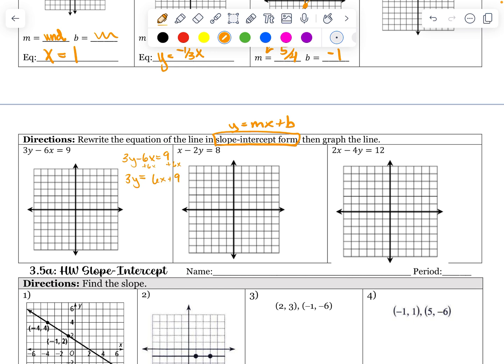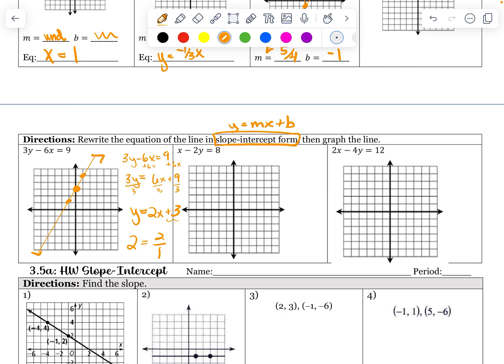And I'm going to divide by 3. Y equals 2x plus 3. And now I can graph it. So I'm going to start at the 3. 1, 2, 3. Y equals 3. My slope is 2, so up 2 over 1, down 2 over 1. A 2 is the same thing as a 2 over 1.